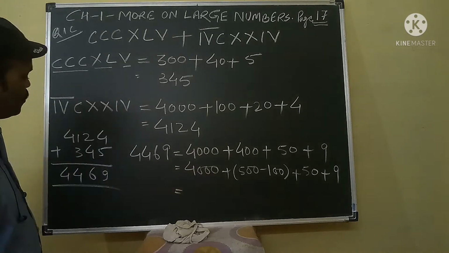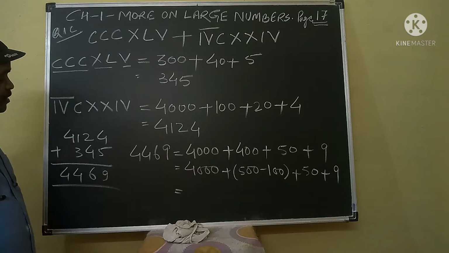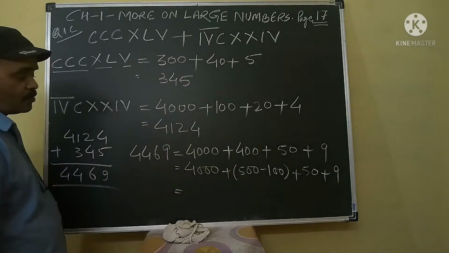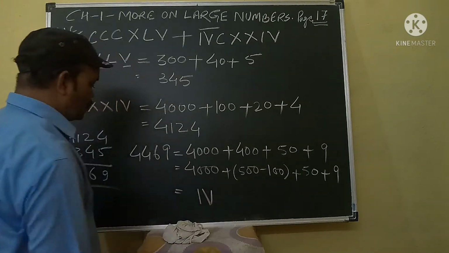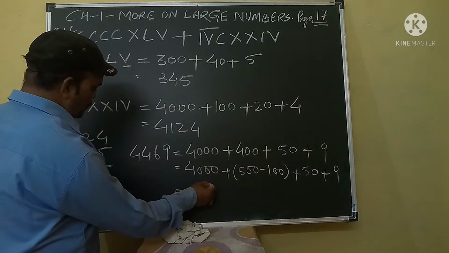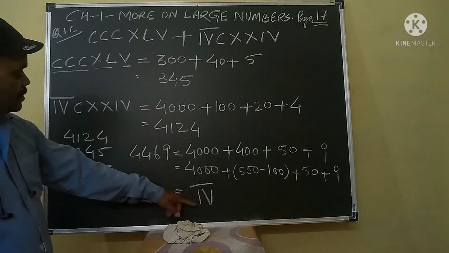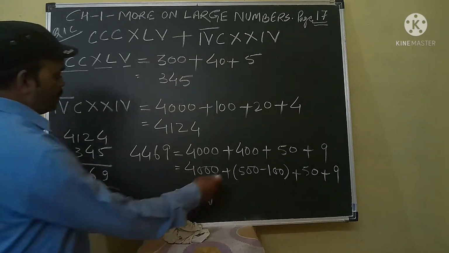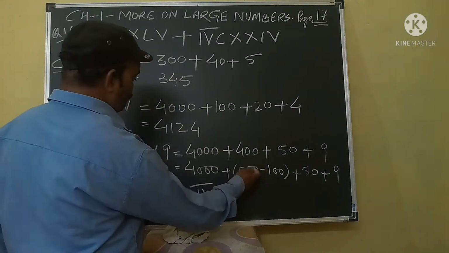Okay. Now let us discuss 4000. 4000 is the symbol of which Roman numeral? 4. The symbol of 4 is IV. Just above IV we apply one horizontal line. This is 4000. 500 minus 100: smaller value is subtracted from bigger value.